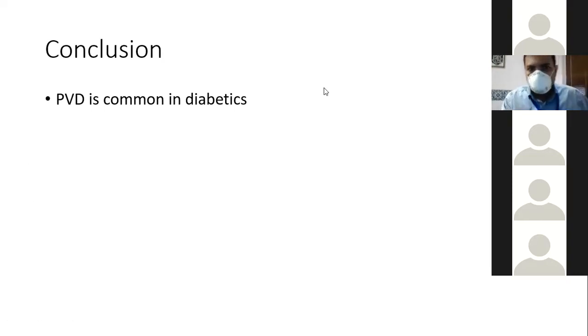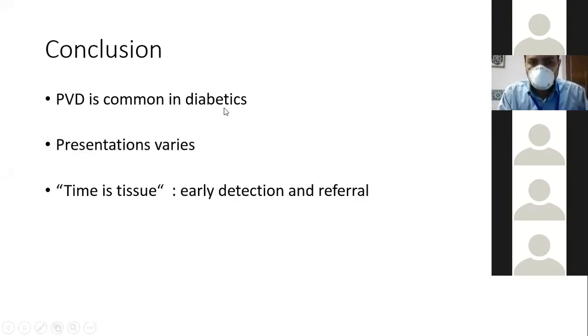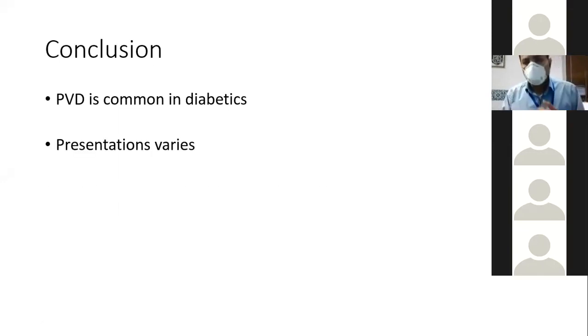So what I said is that peripheral vascular disease is quite common. 50% of diabetics have peripheral vascular disease, and the outcome of these patients is not good. These patients have atypical presentation. They do not present with intermittent claudication or rest pain. The very first presentation is with tissue gangrene or an ulcer.